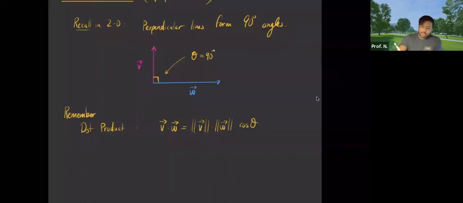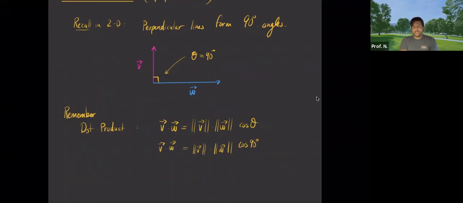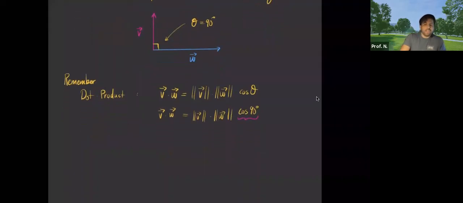What's my angle here? 90. What's the cosine of 90? You guys should know this off the top of your head.